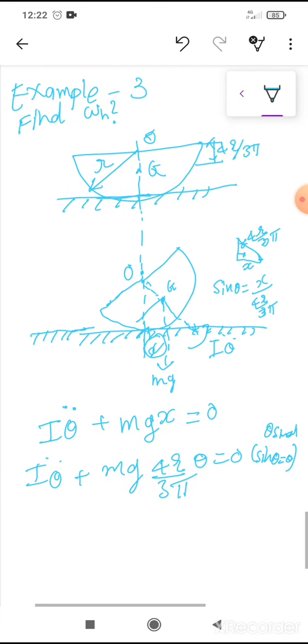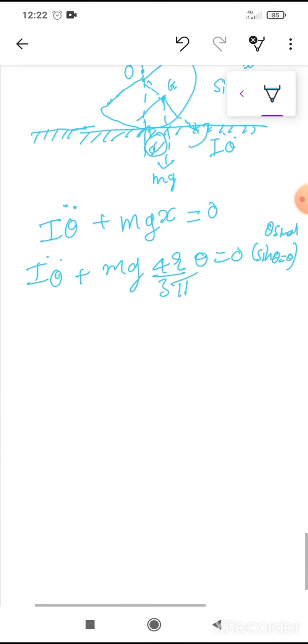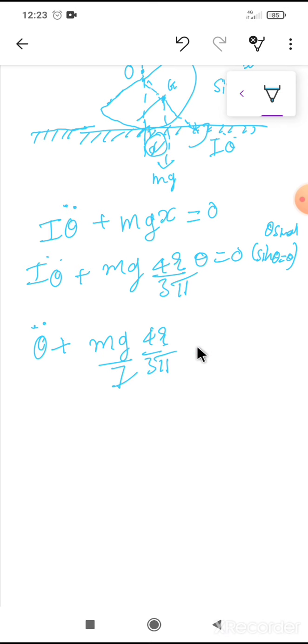Now let's divide the equation by I. So we got theta double dot plus mg upon I into 4r by 3 pi into theta is equal to 0.